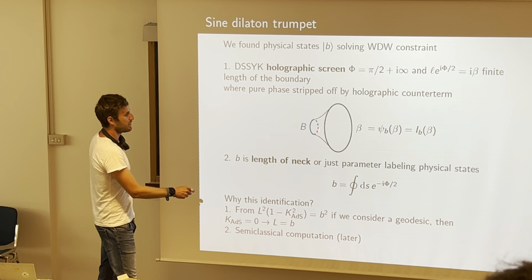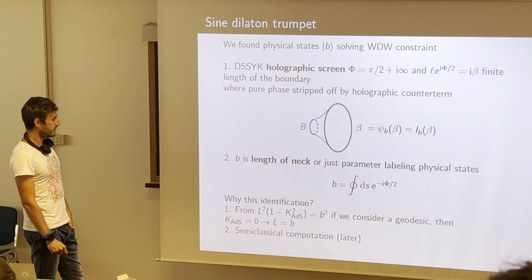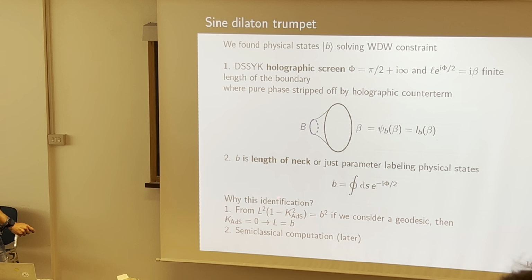I want B to be given by the length of the geodesic. So how to see that? Why this identification? Because if you consider just the first part of the Wheeler-DeWitt equation that we used to solve with separation of variables, we see that if we consider a geodesic, with the extrinsic curvature vanishing, right, then this means that L is equal to B on this particular slice.